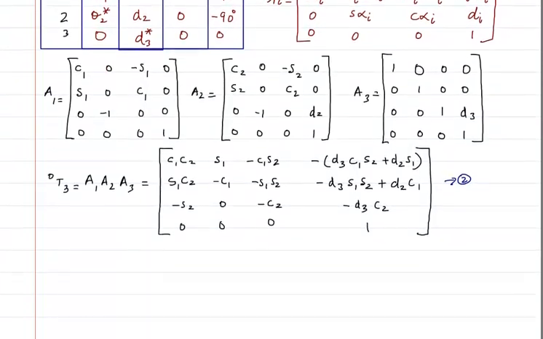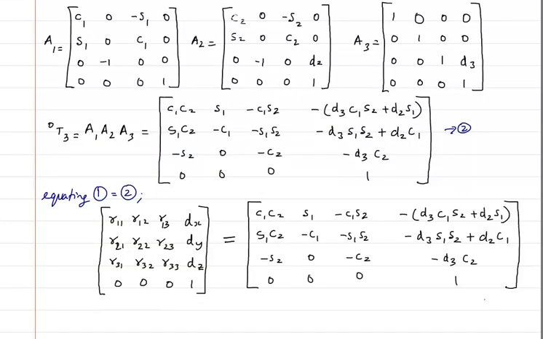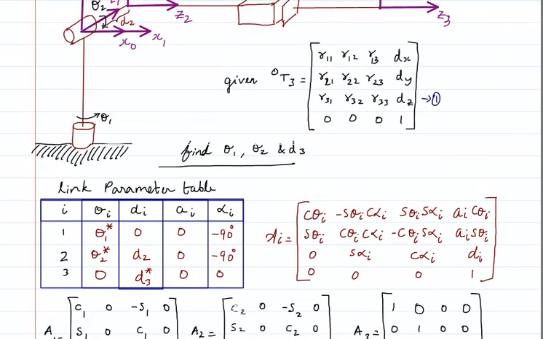Now the next step is that I will equate 1 to 2. What will I get? We will get this. Now we can find the link variables, which in this case are theta 1, theta 2, d3.